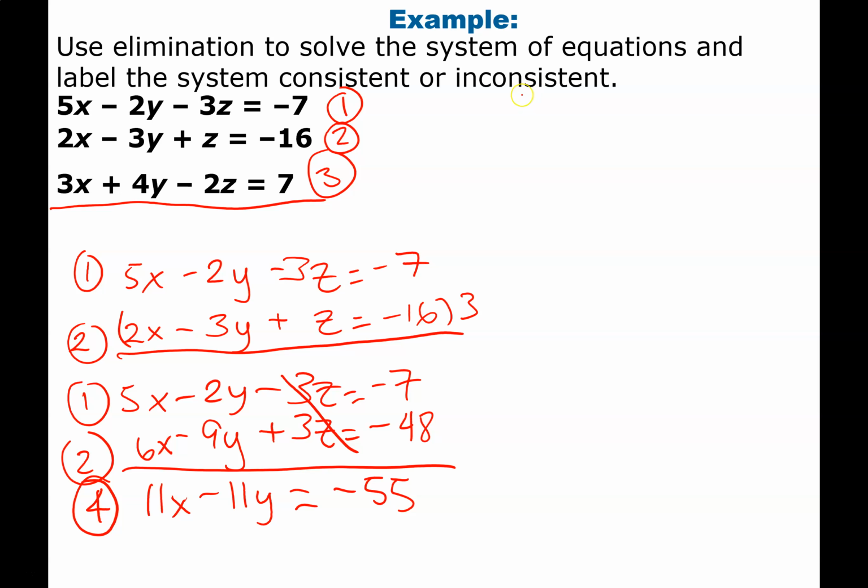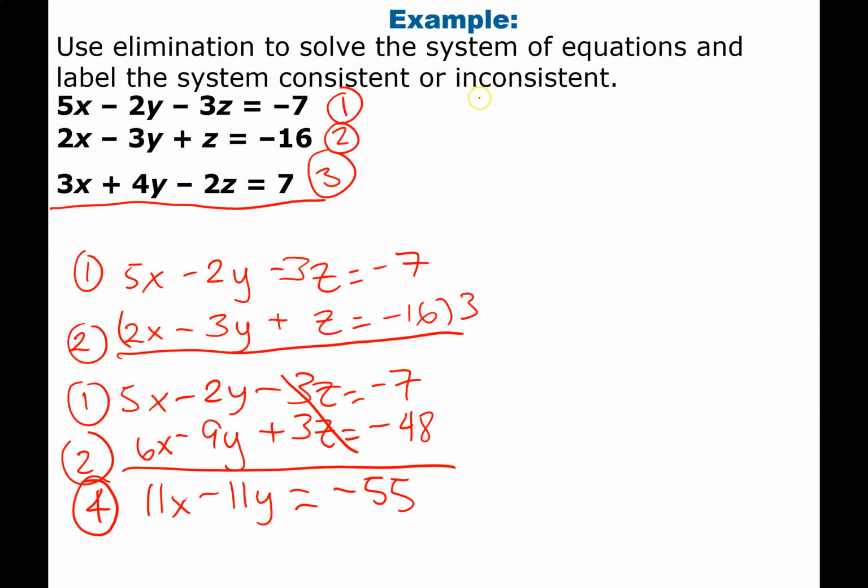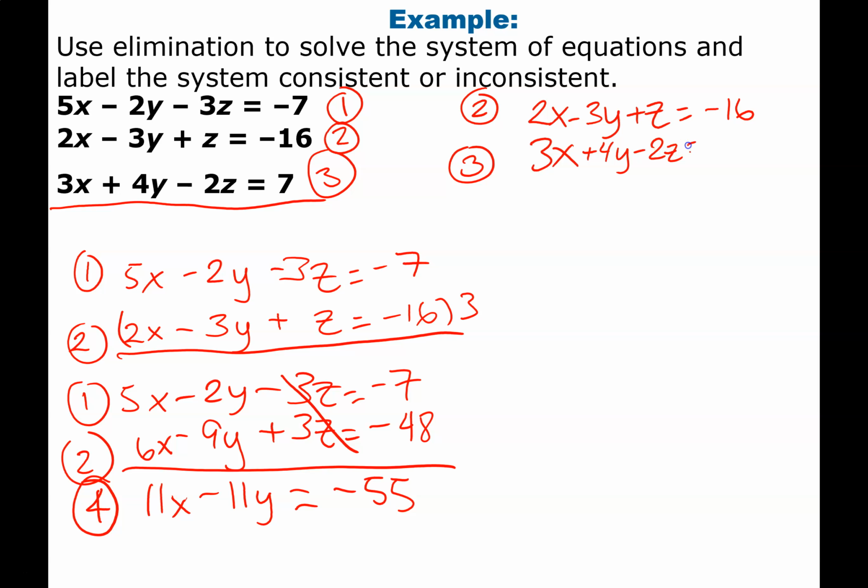So I'm going to go ahead and rewrite equation 2. Let's go back. There it is. Which is 2x minus 3y plus the z is equal to negative 16. Equation 3 down below. 3x plus 4y minus 2z is equal to 7. Okay, like we said before, we are going to get rid of the z's.